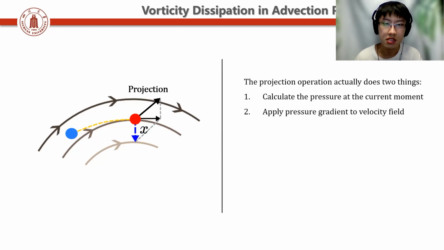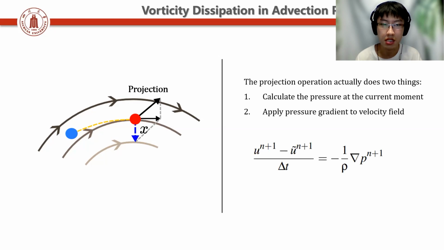In fact, the projection operation actually does two things. One is to calculate the pressure in the current state, and the other is to apply the pressure gradient to the velocity field. The projection operation only at the end of the time step is mathematically a backward Euler method for the pressure gradient term.